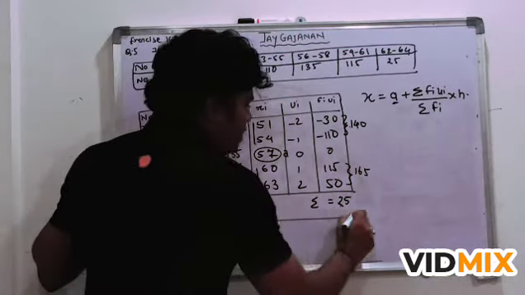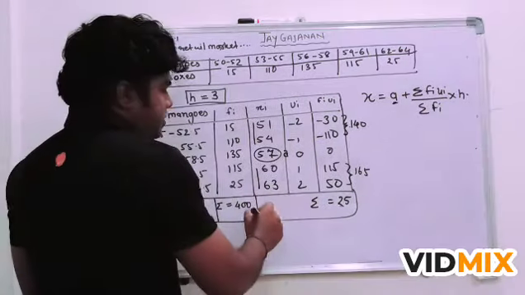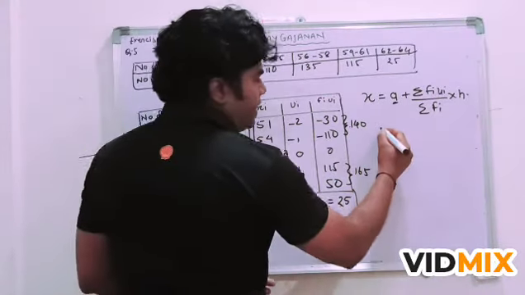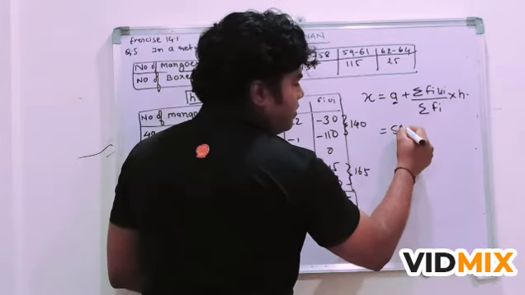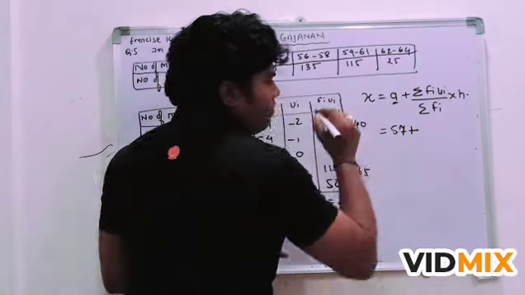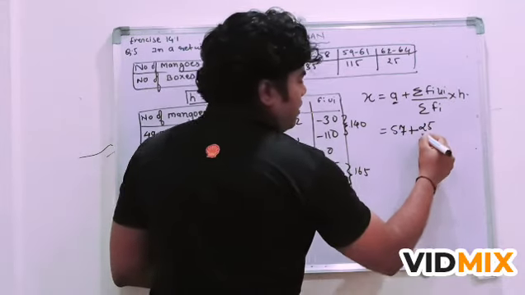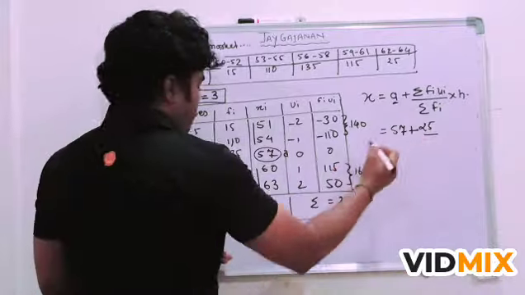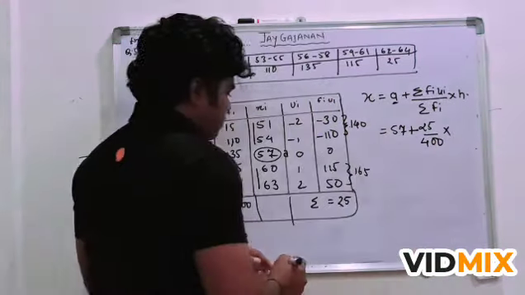Now we take this value and put it in the formula, and we will get the mean. A is 57, plus summation of fi ui, that is 25, upon summation of fi, 400, into h. What is h here?